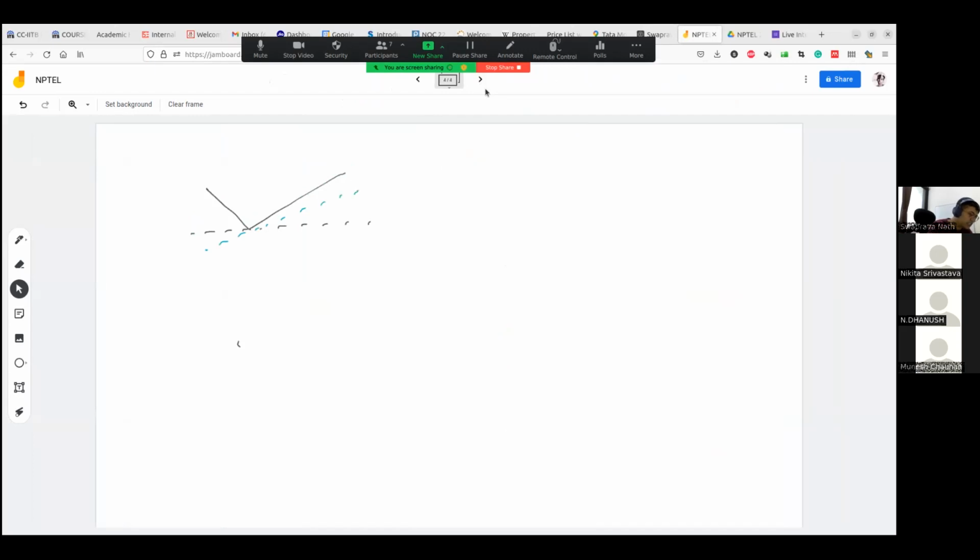So let's say this is x star and this is x star prime. Both of these things are subgradients. Why is that a subgradient?